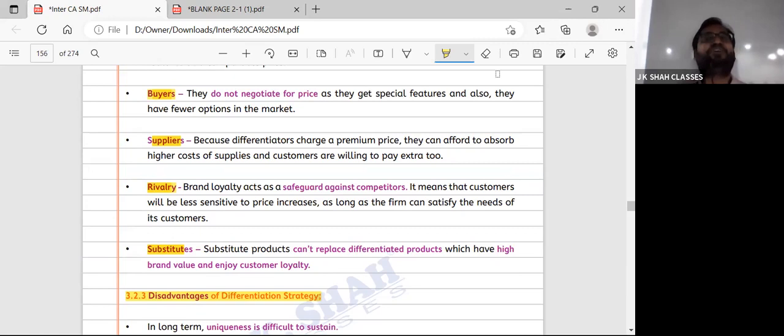Now let's talk about disadvantages. We have 3 disadvantages. The first disadvantage: you talk about uniqueness, but this uniqueness is difficult to sustain. Sustain means maintain. You claim that you have your own operating system, and you have been claiming this for the past 15 years.